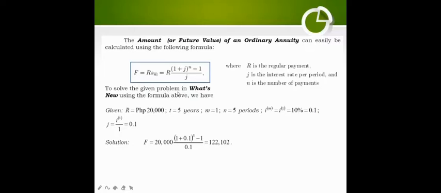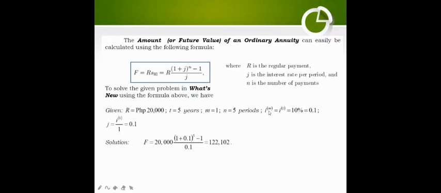So, to solve the given problem in the What's New of your module, using the formula above, we have the given R or the regular payment is 20,000. Our t or time is 5 years. And m is 1. n is equivalent to 5, and that is 5 years, that is the period.